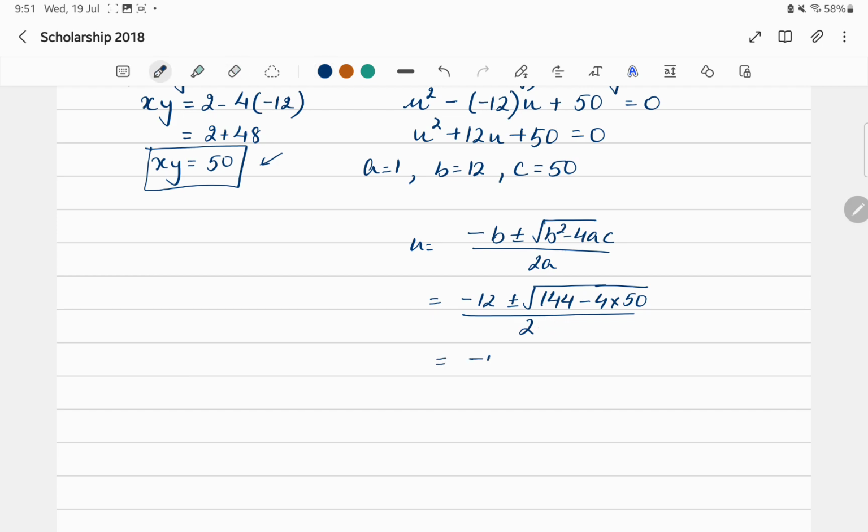And that leads us to minus 12 plus or minus the square root of 144 minus 200, which is minus 56, over 2.